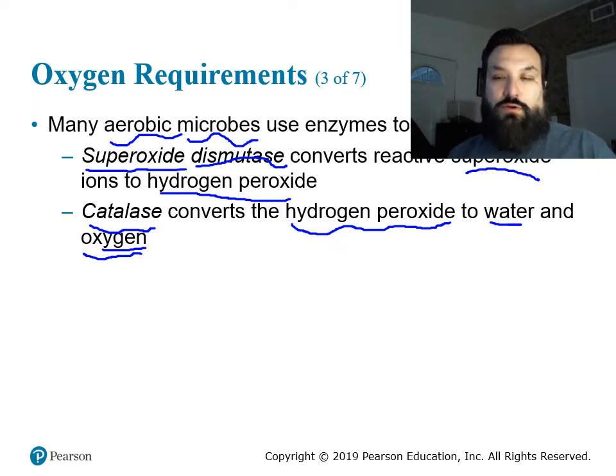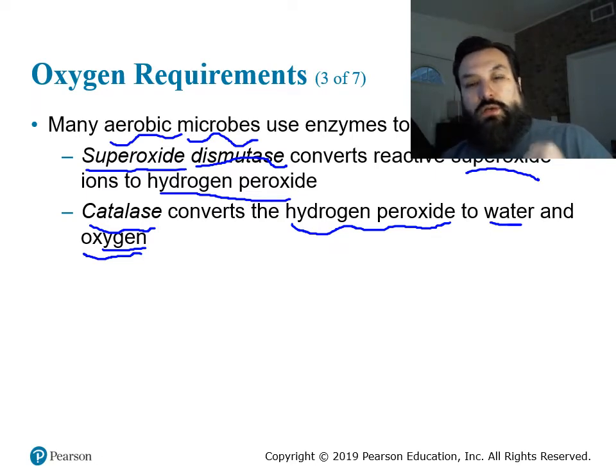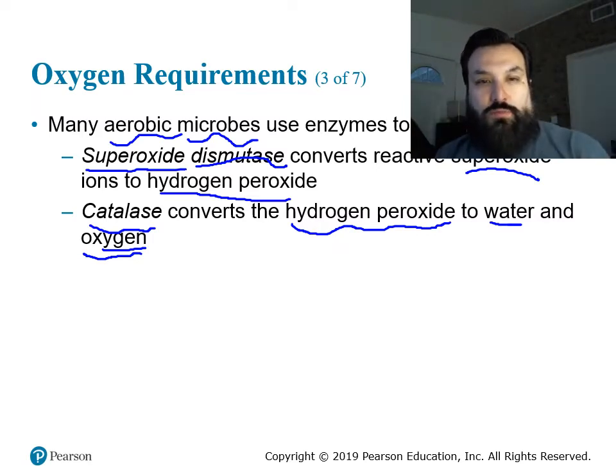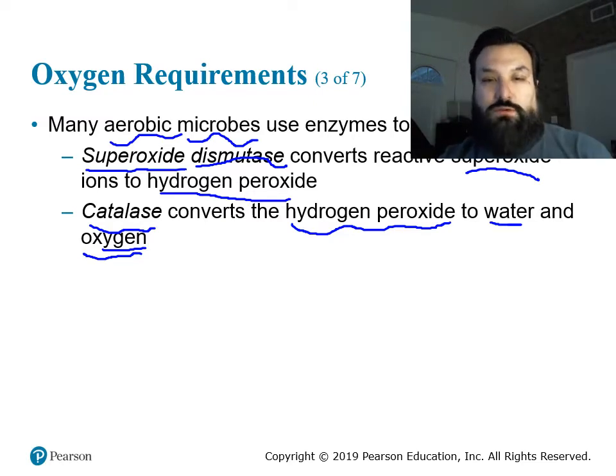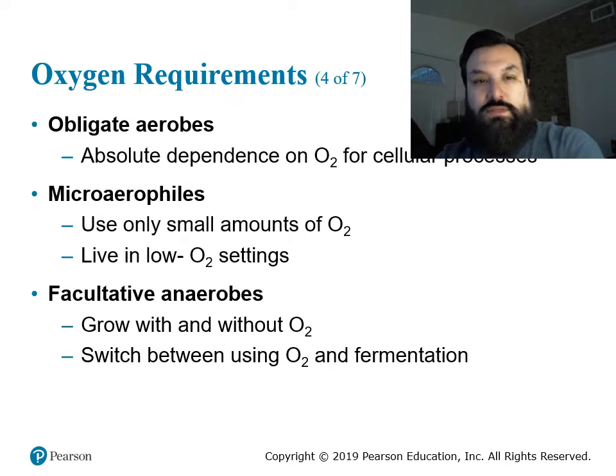If it needs water inside the cell, it'll keep the water. But if not, it will release it out of the cell along with oxygen. So again, oxygen turns into superoxide ion or hydrogen peroxide. The organism breaks them down with these two enzymes, and then we release it back out.